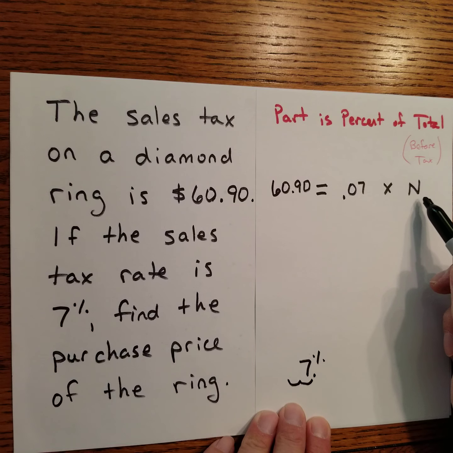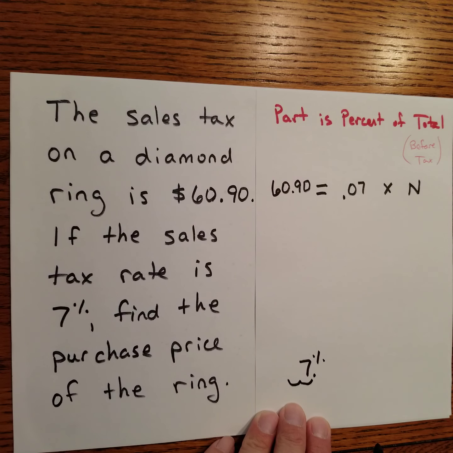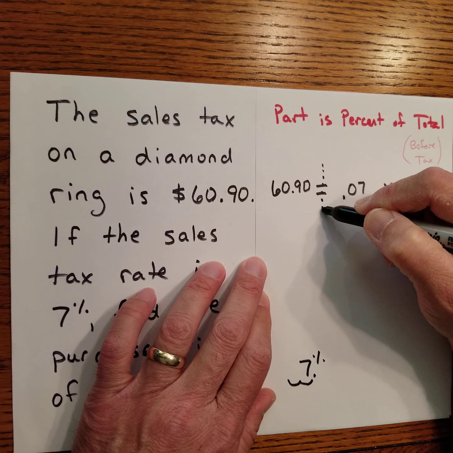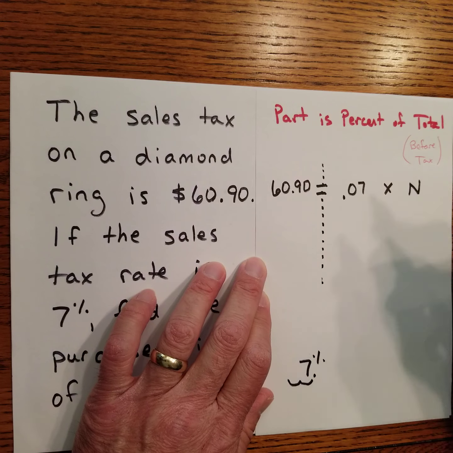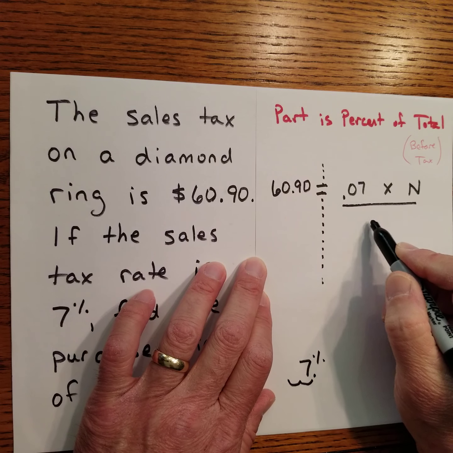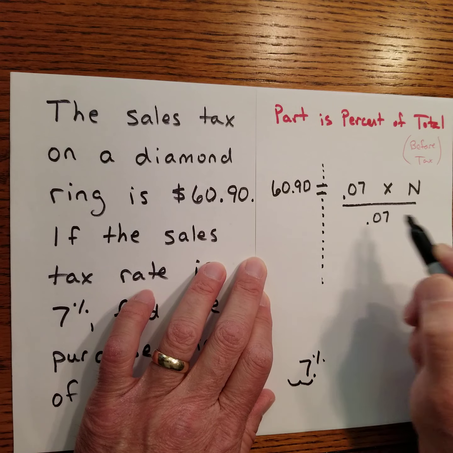What we'll be finding is the purchase price before tax. Let's solve this equation for n. The inverse of multiplication is division. We'll divide by 0.07.